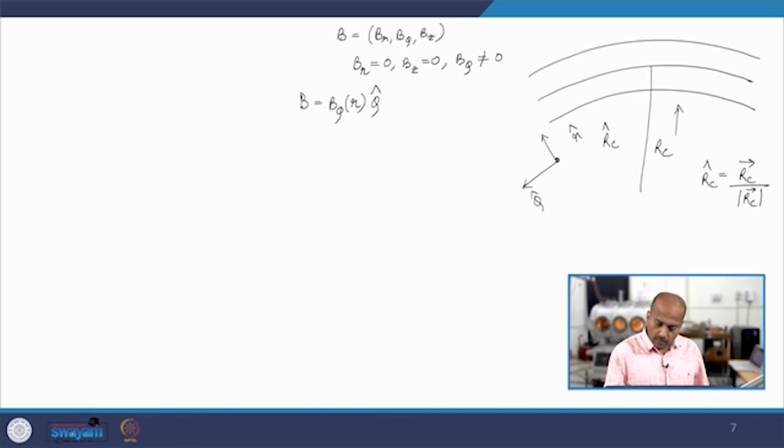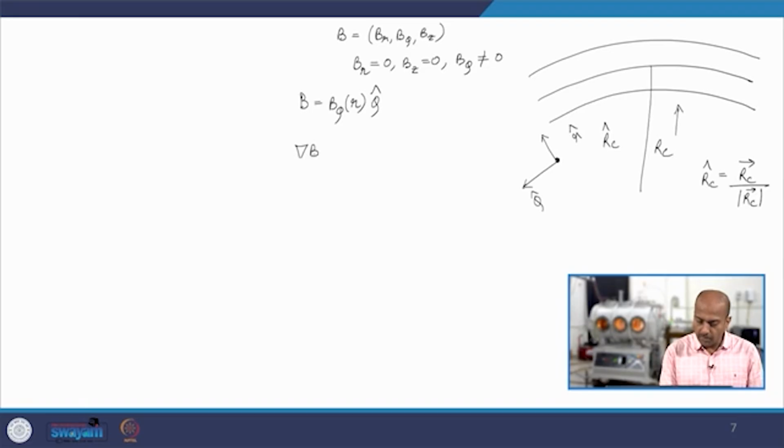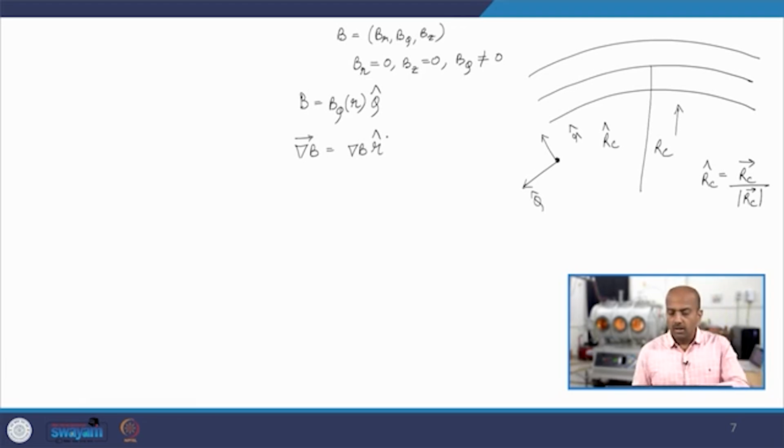And you have a coordinate which is coming out of the plane, which is the z direction, the dot that I have written here. Now, if this is del B, how do you define del B? It has a magnitude del B, let us say, and it is along r cap. So, now I hope you have understood this.